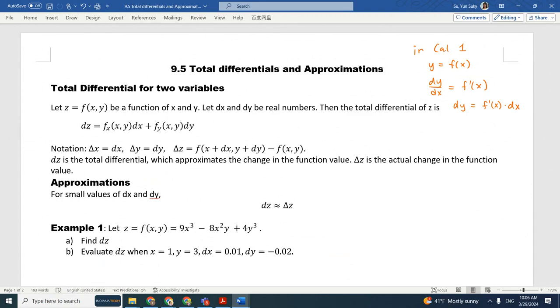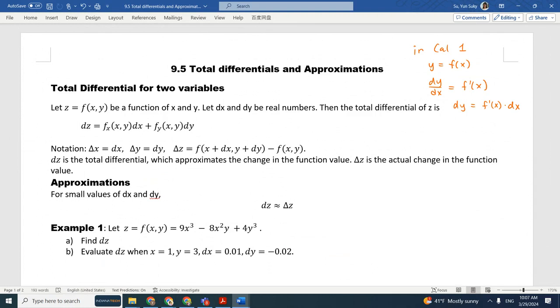And now, like Cal 2, we have a function with two variables. But the idea is still similar. Instead of a derivative, you have partial derivatives. That's why you use the partial derivative with respect to x, and you multiply by dx, plus the partial derivative with respect to y, and you multiply by dy. Is that okay, everybody?